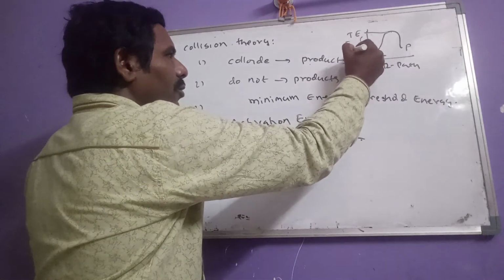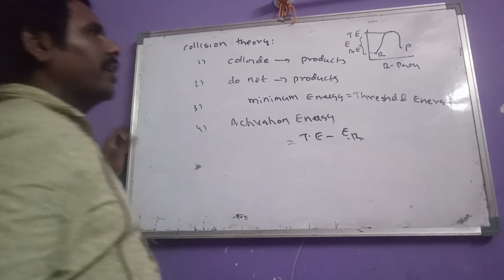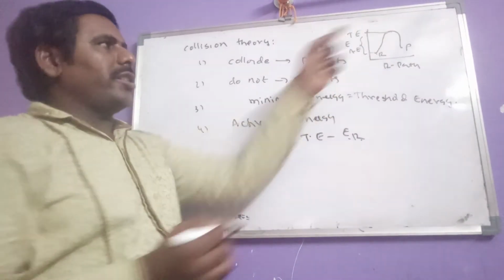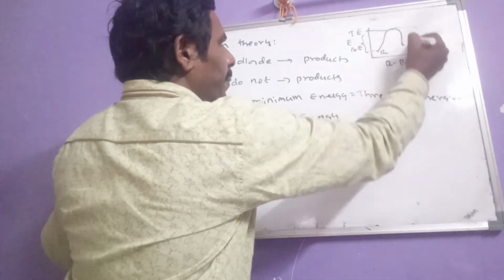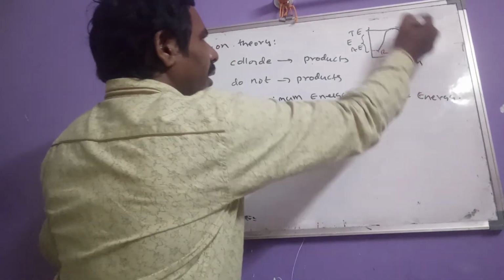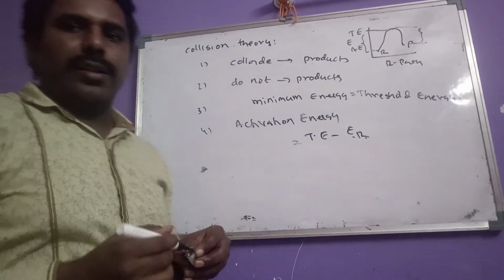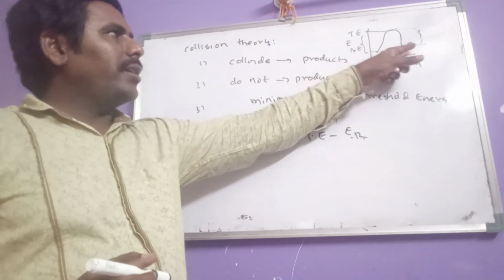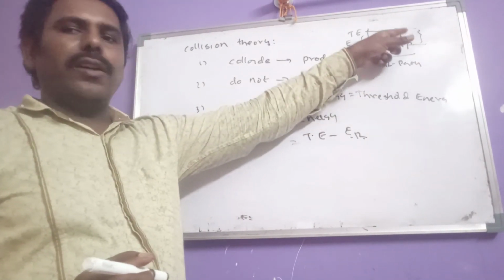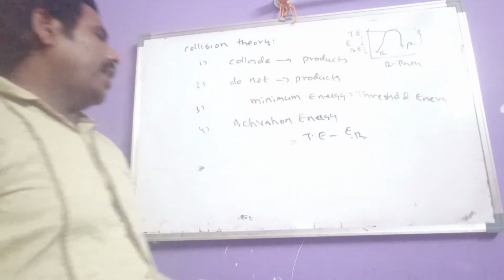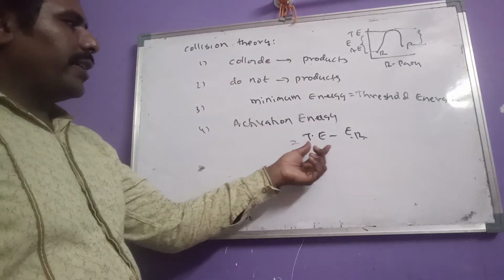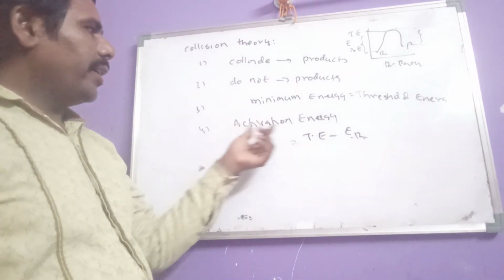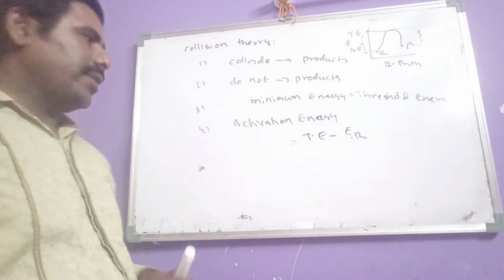This gap is known as activation energy. This is the activation energy of the forward reaction, and this gap is the activation energy of the backward reaction. So the difference between threshold energy and reactant molecules energy is known as activation energy.